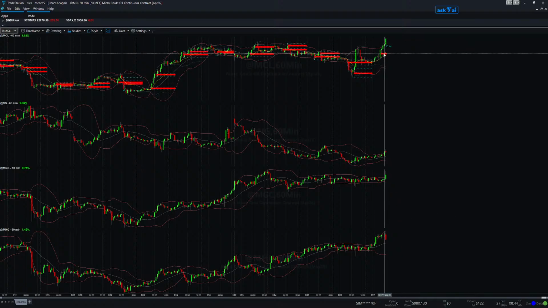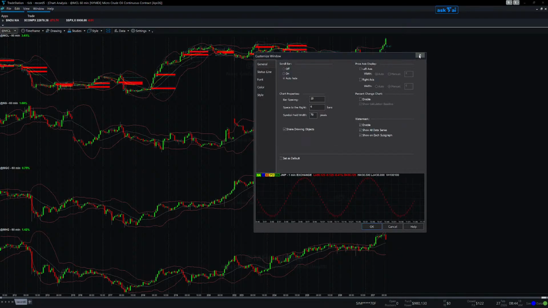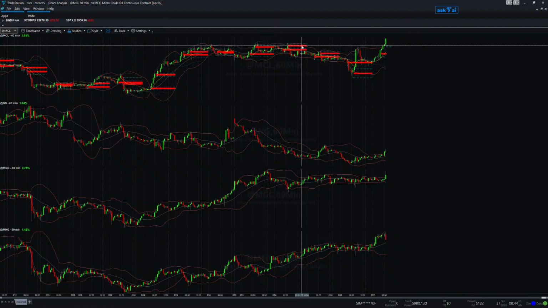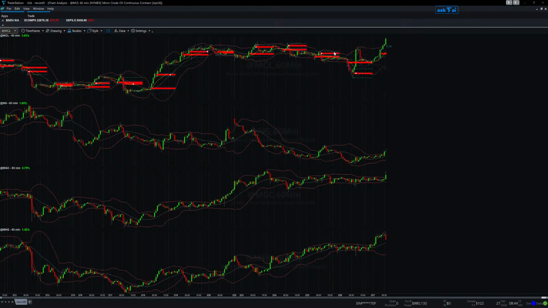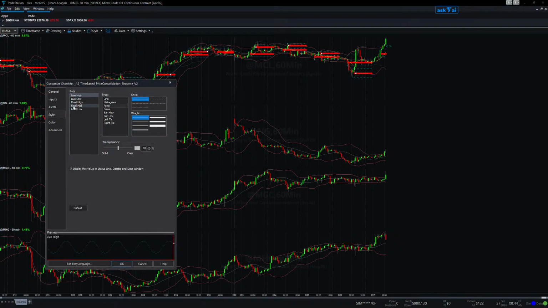That orange line is because I reset the code and then it reverted to some weird setting. I'm not sure how that happened. Let's fix that.